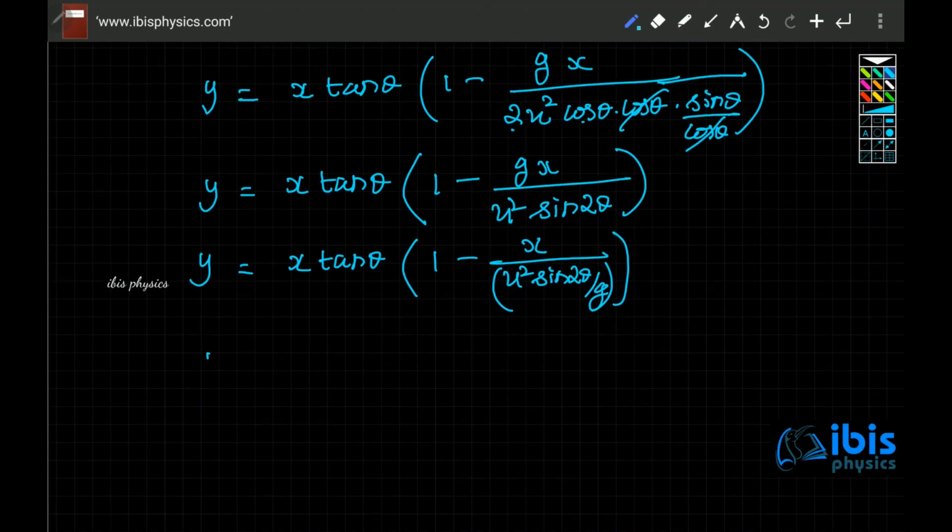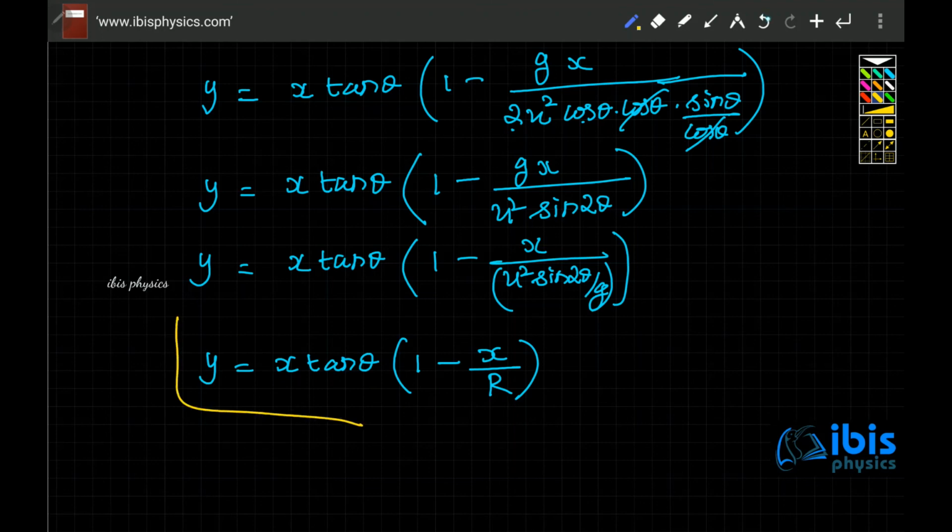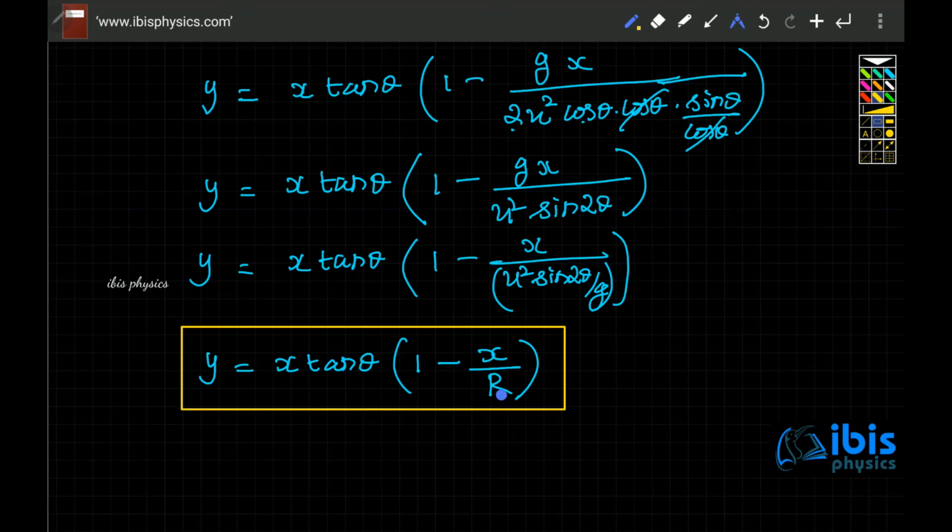Hence y equal to x tan theta into 1 minus x by R. This is one useful form of the equation of the projectile, and we will be using this when there is a wall, when a ball is thrown from distance x, all those things. In cases of advanced problems also, this can be asked.